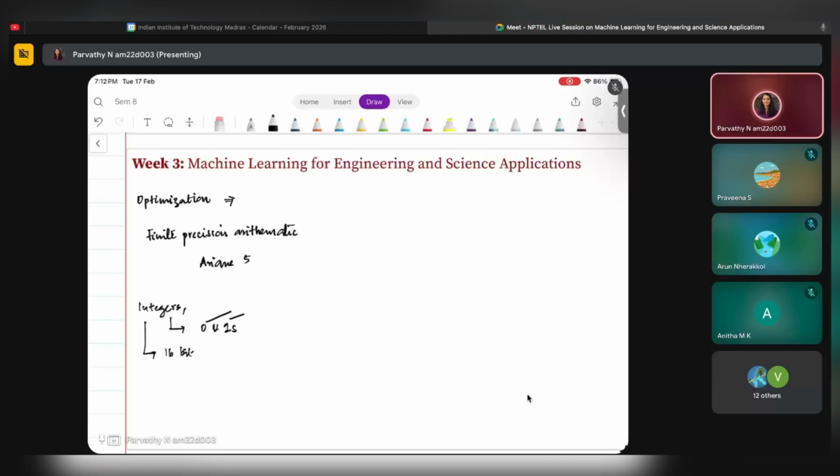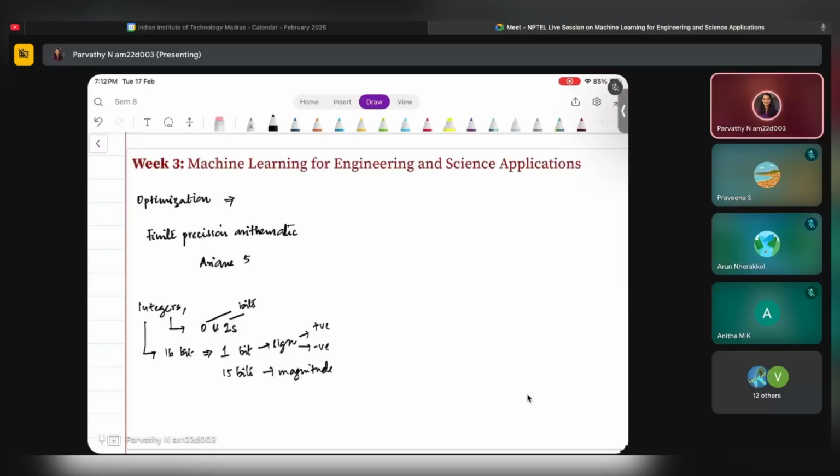These zeros and ones are the bits. If it is a computer that supports a 16-bit representation, then in general one bit is assigned for sign, to indicate whether it is a positive or a negative number, and the remaining 15 bits are assigned to represent the magnitude.